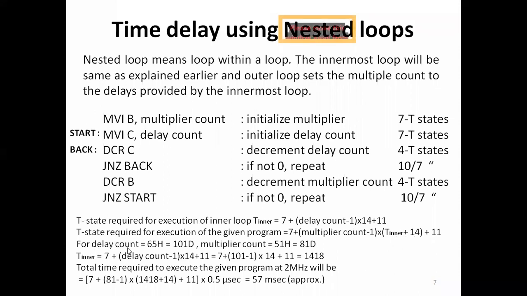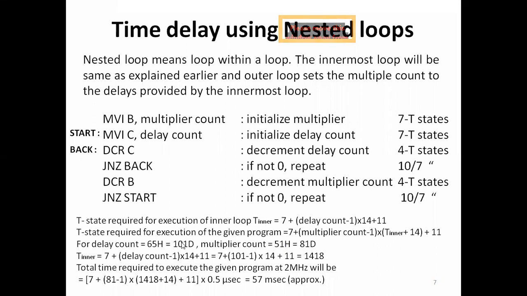Now suppose the delay count is 65 hexadecimal, that is 101 decimal, and the multiplier count is 51 hexadecimal, that is 81 decimal. By putting in these two values, first of all we calculate the T inner value. T inner is 7 plus (delay count minus 1) times 14 plus 11.